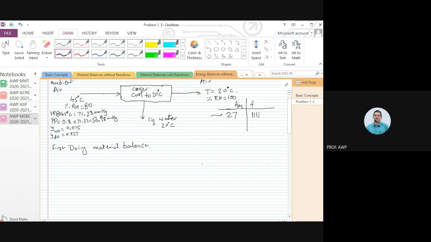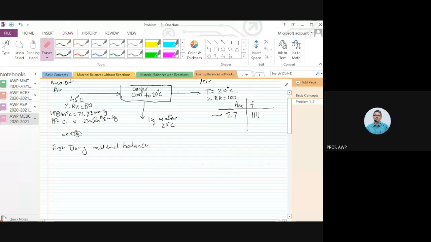Correct. Sir, we already have 1 kg of dry air. So from this information, I calculated moles of water vapor and dry air, respectively.